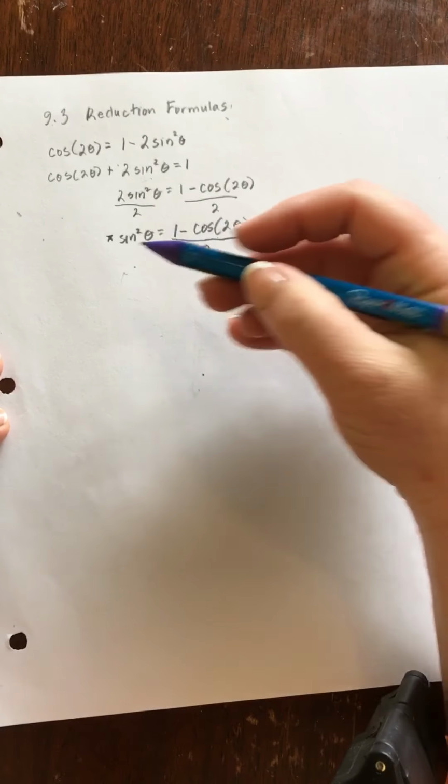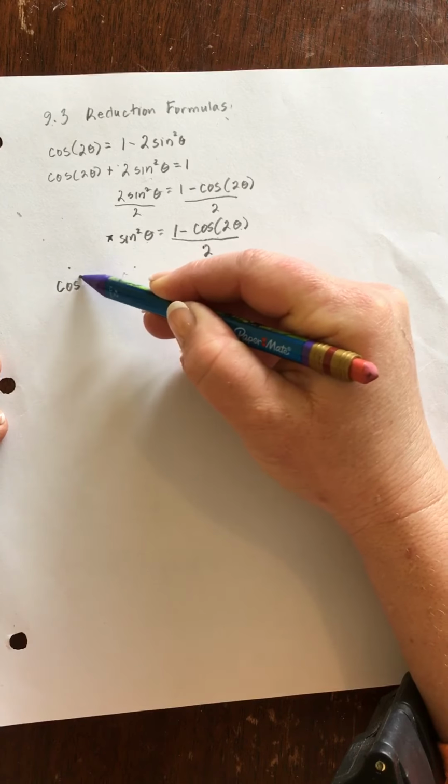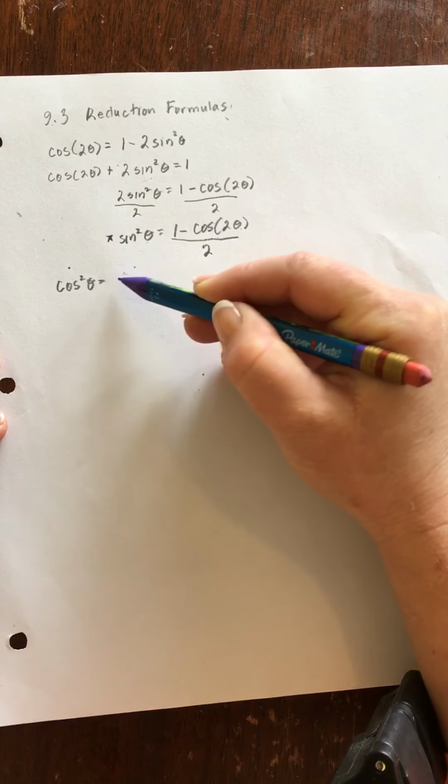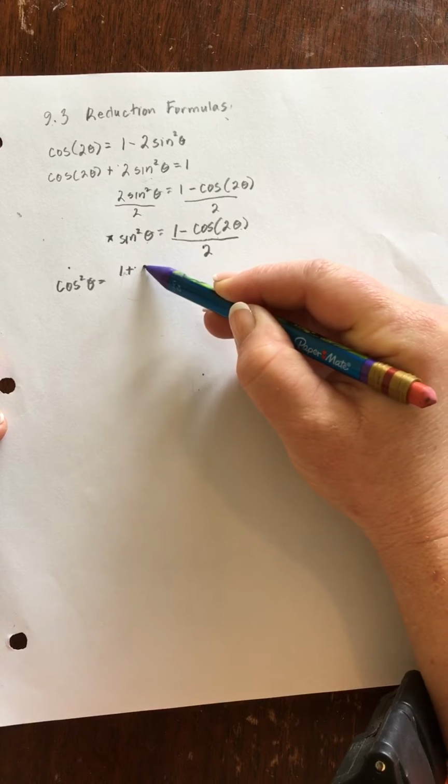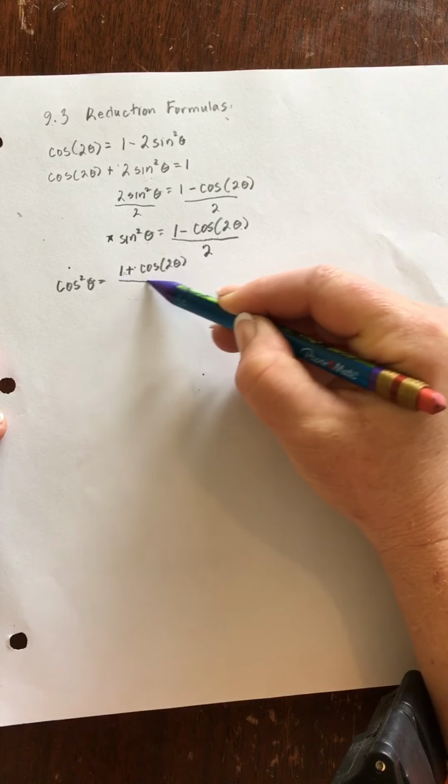Then you get the cosine squared of theta equals 1 plus the cosine of 2 theta divided by 2.